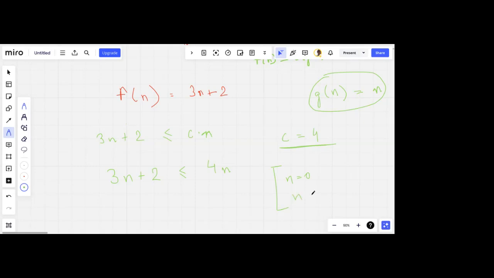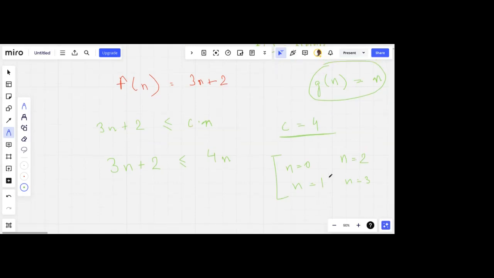When you have n equal to 1, is this statement true or false? It is false. When you have n equal to 2, is this statement true or false? True, right? When you have n equal to 3, is this statement true or false? It is true, right?